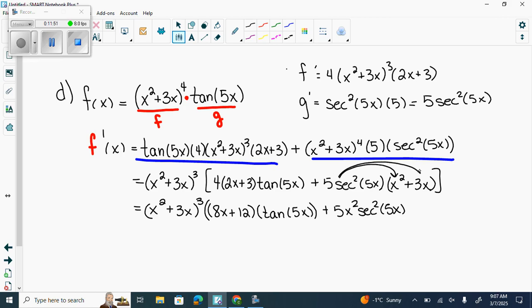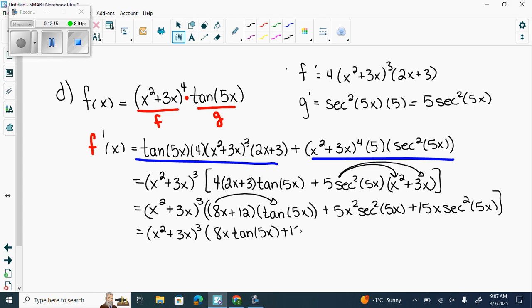And then 15x secant squared 5x. And then I get x squared plus 3x cubed, 8x tan 5x. Plus 12 tan 5x plus 5x squared secant squared 5x.